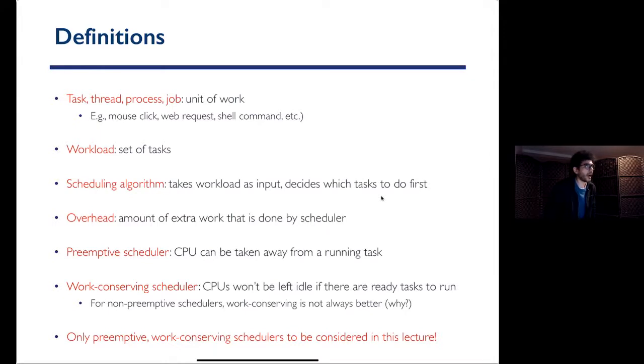It differs case by case. But it might be a good idea to wait a little bit to see if a high priority task comes in. And if you wait enough and it doesn't, then you can probably execute one of those low priority tasks. So again, this is an example. In certain cases, it might make sense to have a non-work conserving scheduler, especially in real-time systems that do not support preemption.